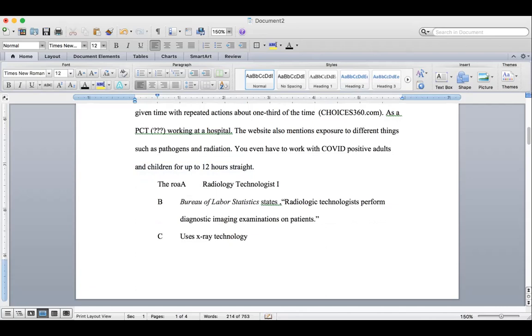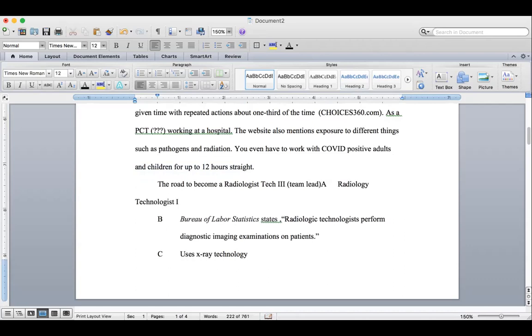Okay, the road to becoming a radiologist, team lead 3, begins with becoming a radiology technician. Okay, here we go.